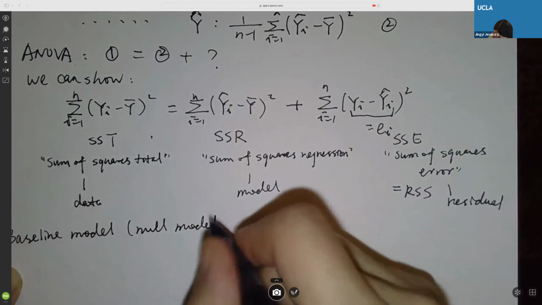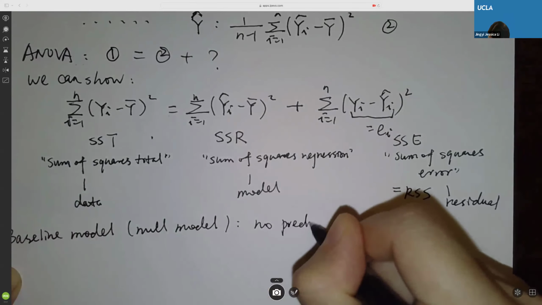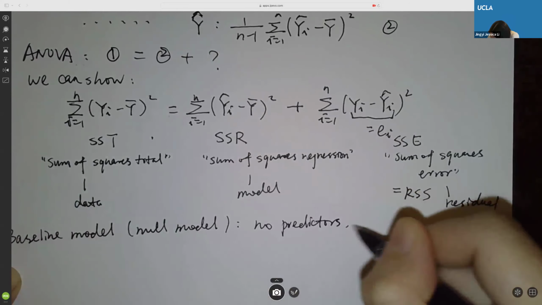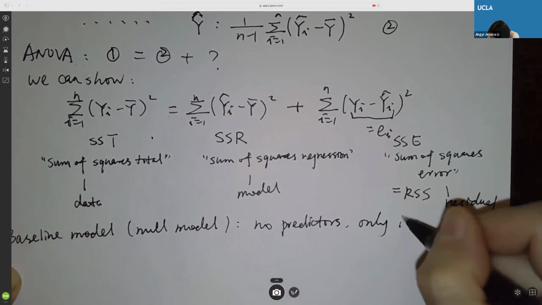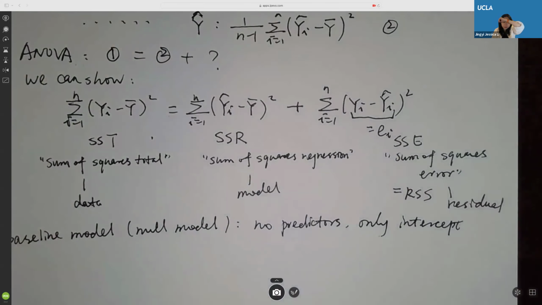That is, no predictors, no covariates, only intercept. So how would you write down such a model?